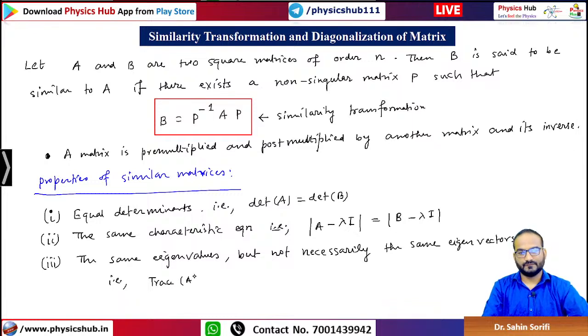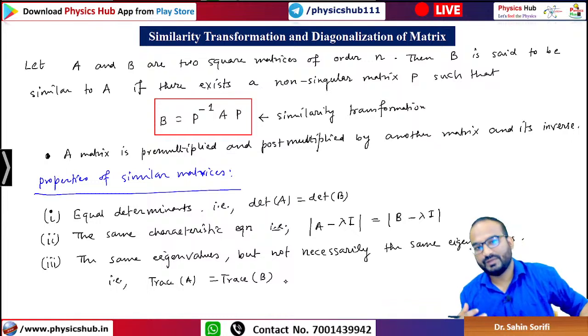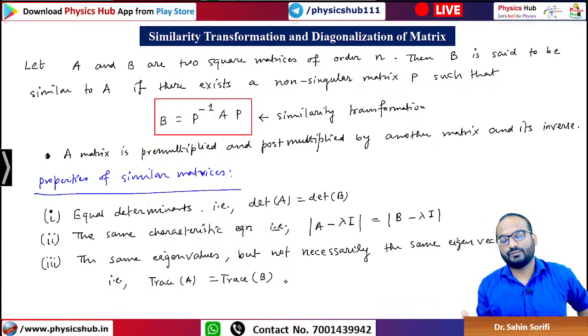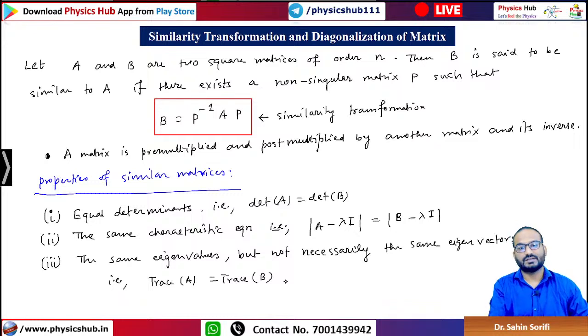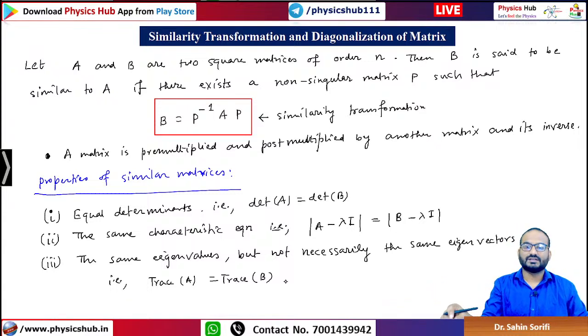Trace of A is equal to trace of B. Is it clear? So you need to remember these properties. A question may be asked in any form. You may be given two matrices, and you may be asked which option is correct. So in one option they give you that they have the same determinant, same characteristic equation, same eigenvalues, same eigenvectors. So it may ask you which is not true or not correct. Then you can use these properties.